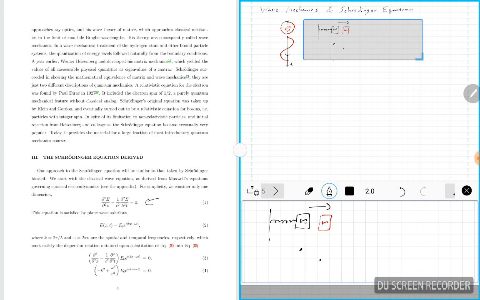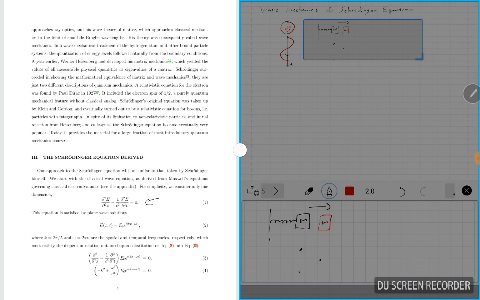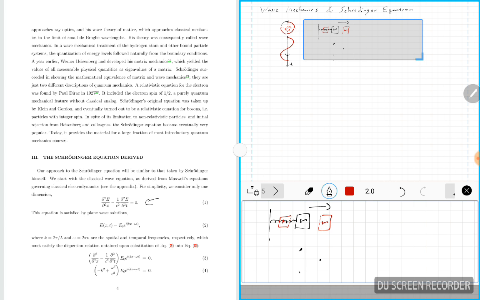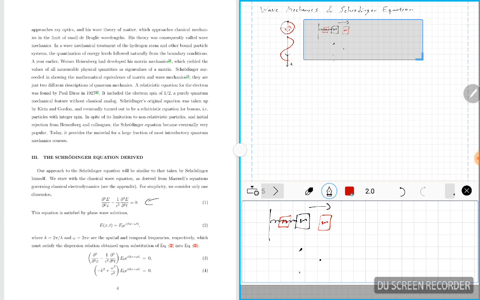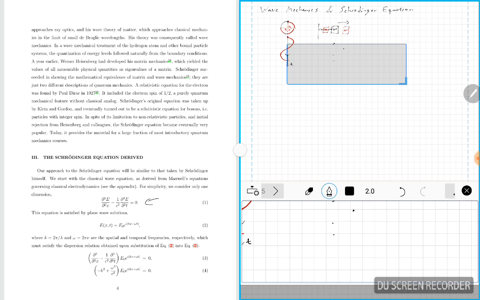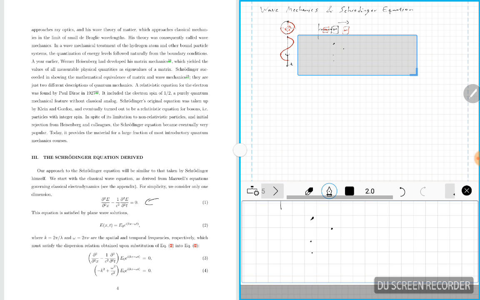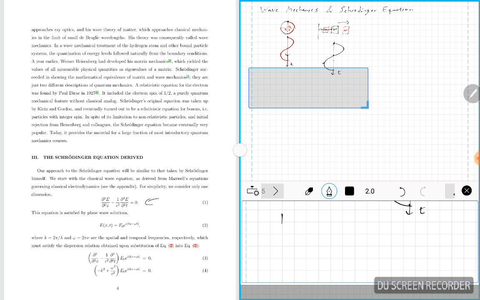I let it go, the spring is going to push it back to where it originally was, and then the spring is going to compress because it has some extra energy in it, and it's going to go to some position that is on the other side. So it's going to go from here to here, and then it will stretch out again. I will trace that out and I get the same sine wave. I can go ahead and graph that.